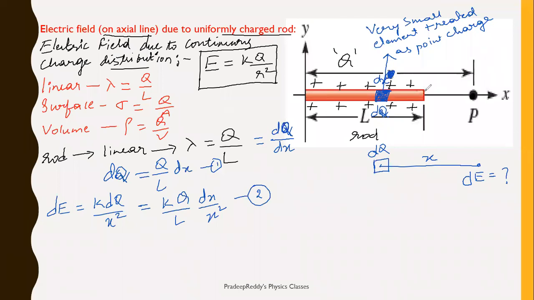I'll take one small element here, one more element here, one more element here, and one more here. I'll divide this total rod into infinitely small elements like this, out of which you select only one element and find dE.